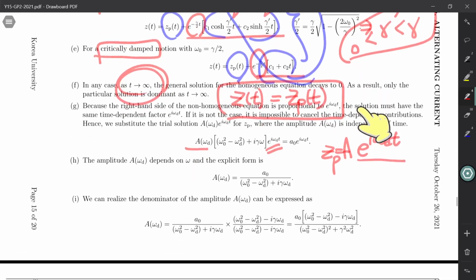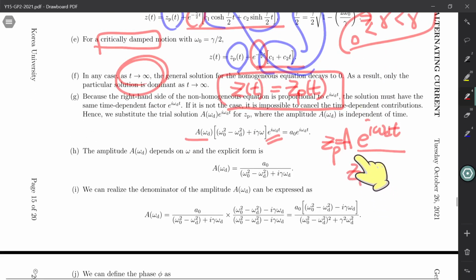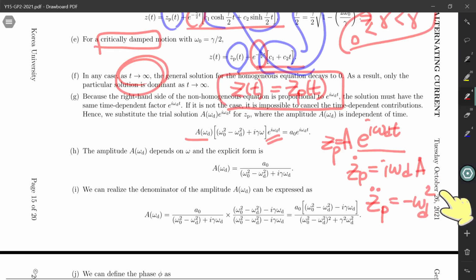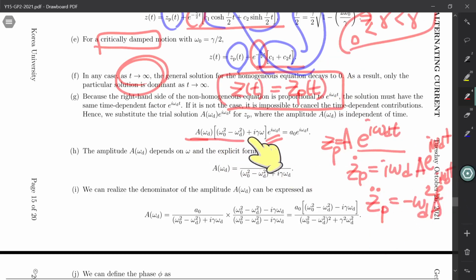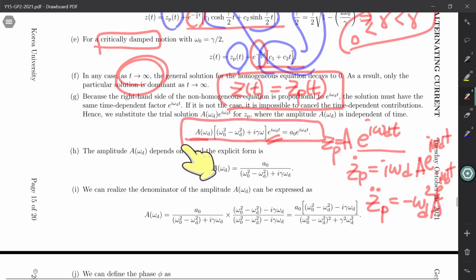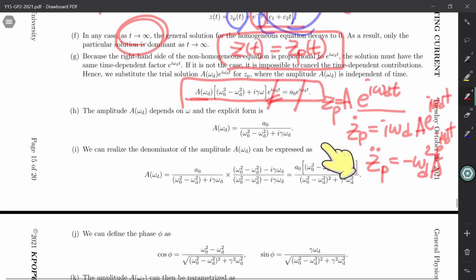The time derivatives: z prime is i omega_d times z, and z double prime is minus omega_d squared A times exponential i omega_d t. So if we substitute all these results, we can find this relation. Now this common factor can be divided, and the amplitude can be found by solving this linear equation.